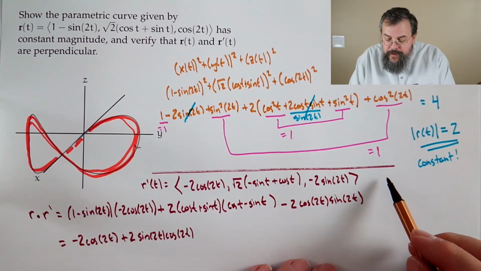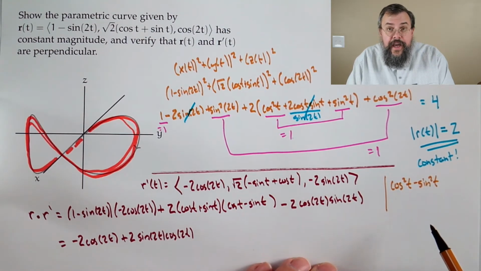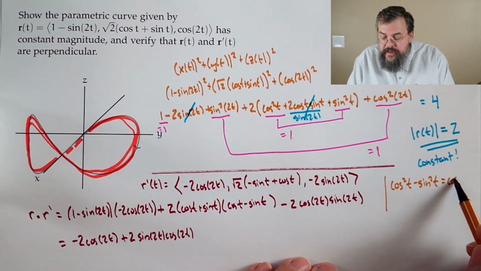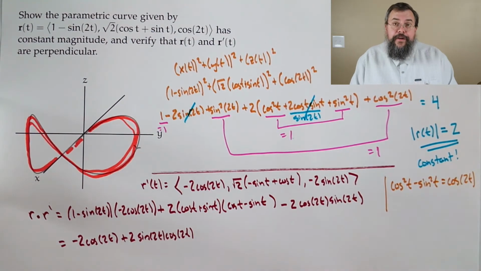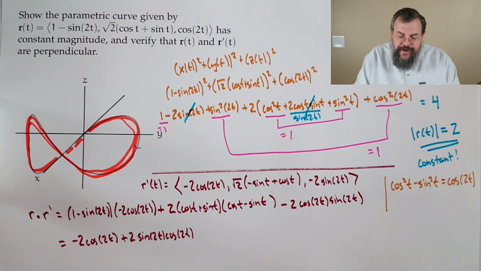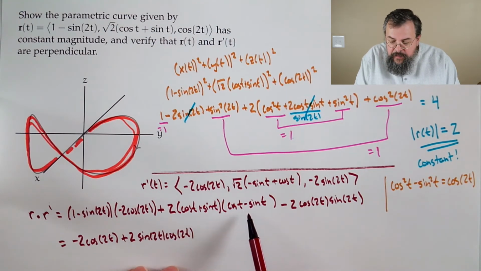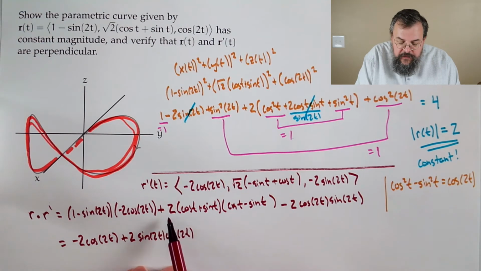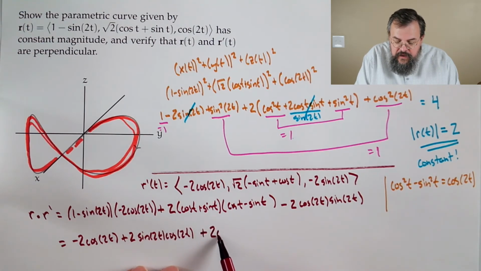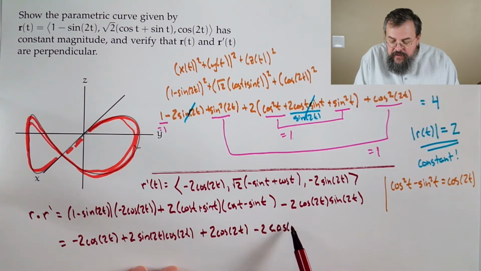Now, why do we mention that? Well, cosine squared minus sine squared isn't just anything. That's cosine 2t. It's the double angle formula for cosine. Aha! Cool! So this whole middle expression, cosine t plus sine t times cosine t minus sine t, is cosine of 2t, and don't forget the 2, so plus 2 cosine 2t, and then the last part, minus 2 cosine of 2t sine of 2t.